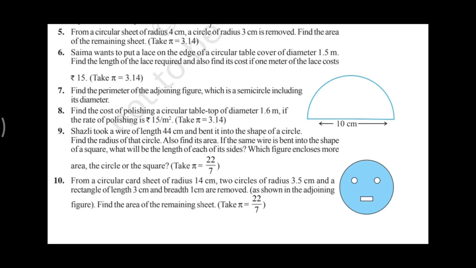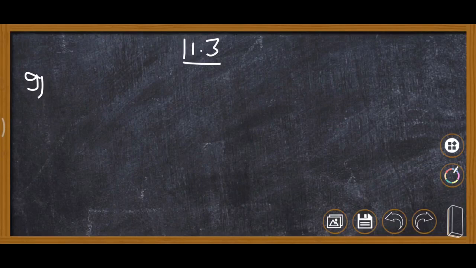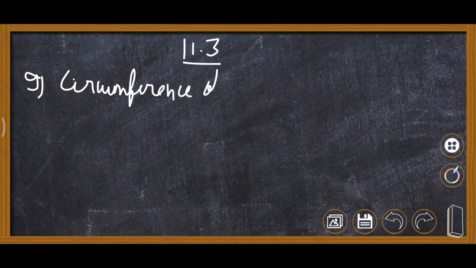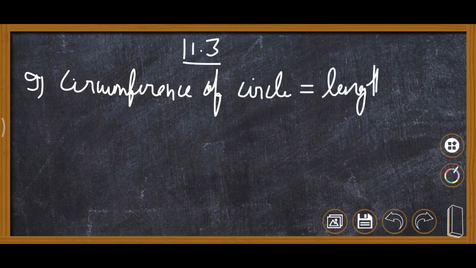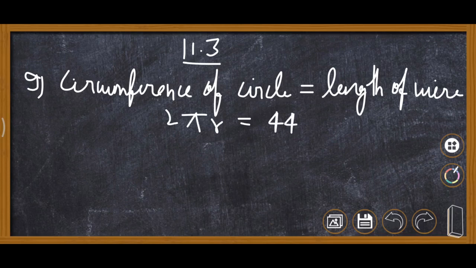Now let us find out. Now here you can see the length of wire is 44 centimeter. So directly we can write the circumference of circle is equal to the length of wire here, and you know that the formula is 2 pi r, and the length of wire is given as 44 centimeter.